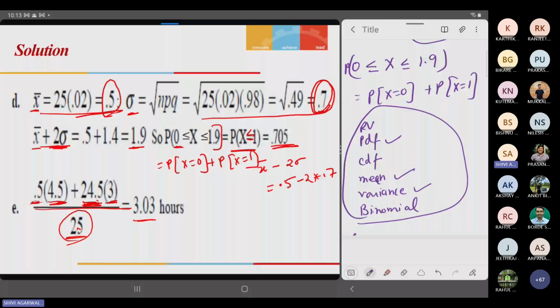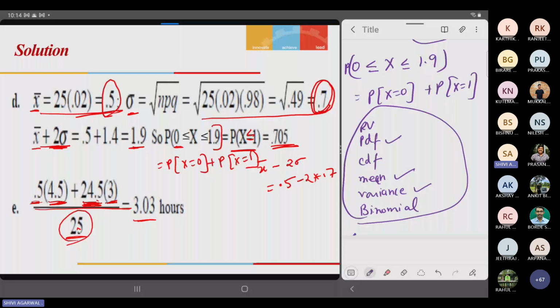The time given is 4.5 hours and 3 hours. But we are giving weights to the expected value of x, that is 0.5 and 24.5. Which formula you are using is the important thing.